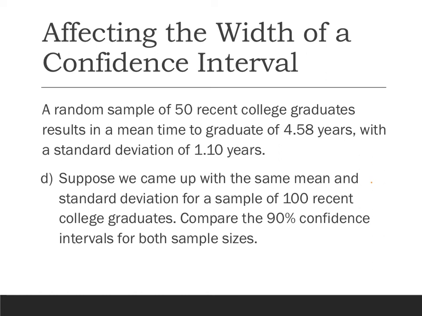But just to see how sample size affects the width of a confidence interval, let's assume everything else is the same. Only change one value. We're going to keep the same confidence level, the same mean, the same standard deviation. But now, instead of 50 recent college graduates, we're going to look at 100. Let's see what that gives us for our confidence intervals.